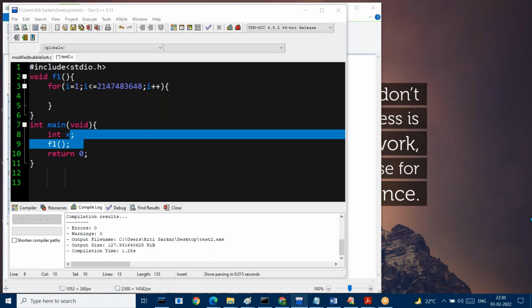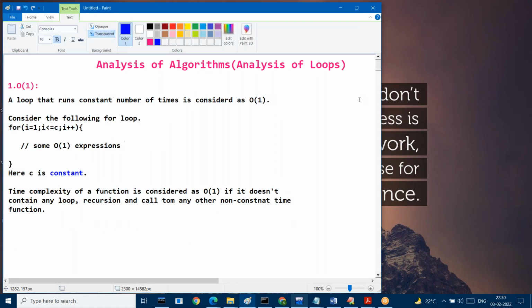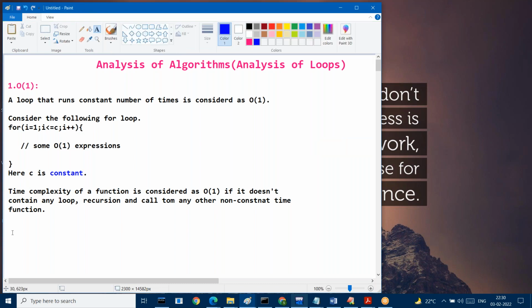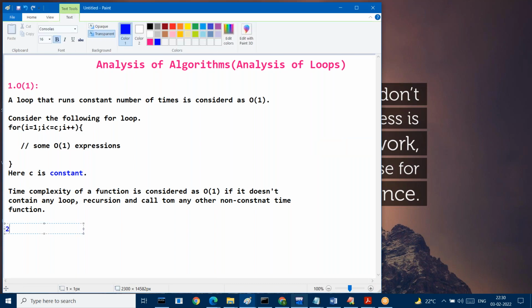How to determine? Can I move to the next one, sir? With order of 1, any doubt? This is very important. If you understand order of 1 perfectly, number 2 is order of n.